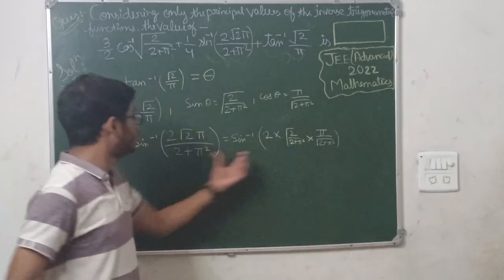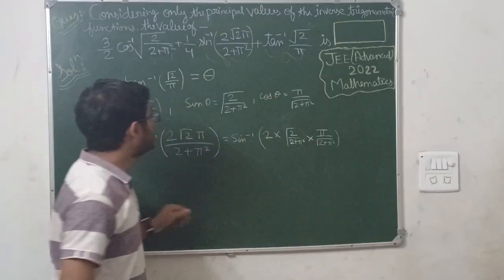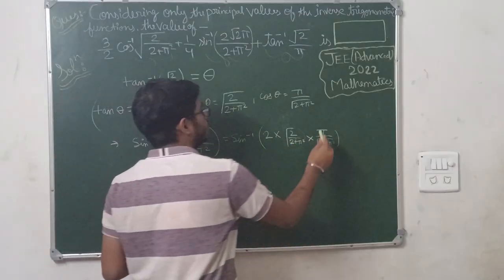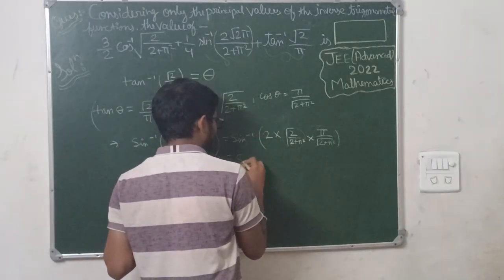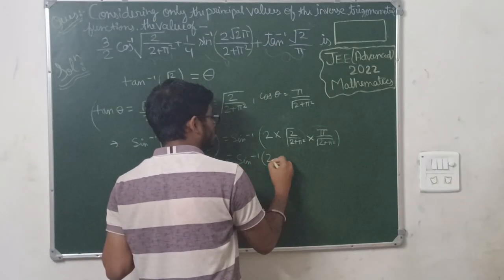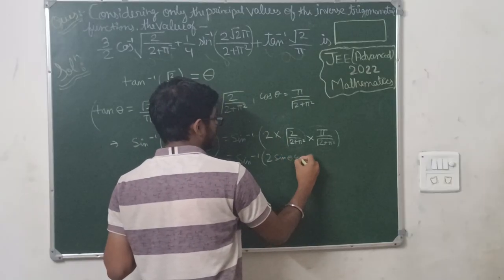This is nothing but sin theta, and this is cos theta. So it becomes sin inverse 2 sin theta cos theta.